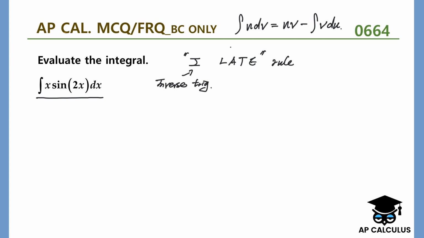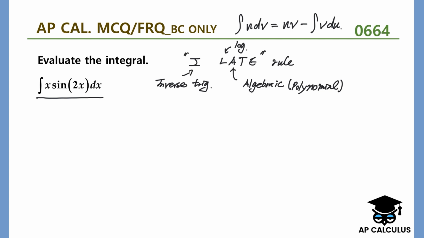L stands for log, usually natural log, ln. A stands for algebraic functions, like polynomial functions, like x squared, x cubed.